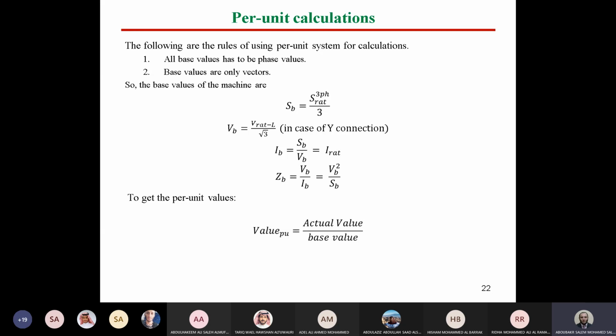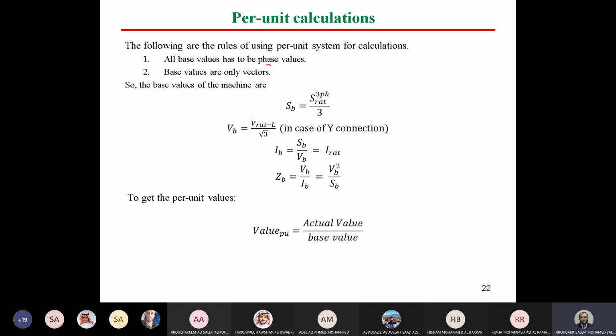In order to make per unit calculations, we need to firstly obtain the base values. How can we get the base values? We need two things. First, all base values have to be per phase. So firstly, we get the base value as a phase value. This way will be very simple.